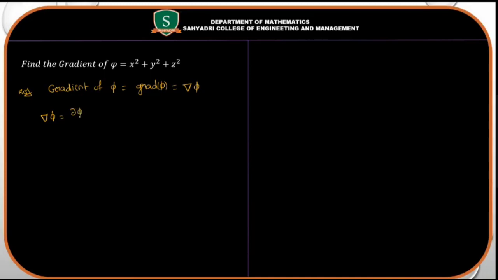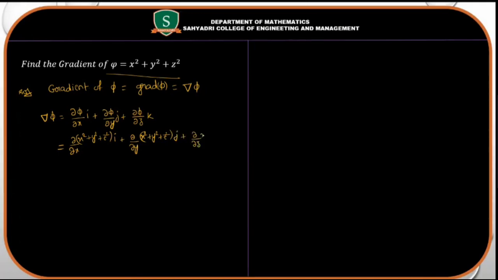So del phi is nothing but dou phi by dou x i plus dou phi by dou y j plus dou phi by dou z k. Apply this phi in each and every term: dou by dou x of x square plus y square plus z square i, plus dou by dou y of the same j, plus dou by dou z of the same k.